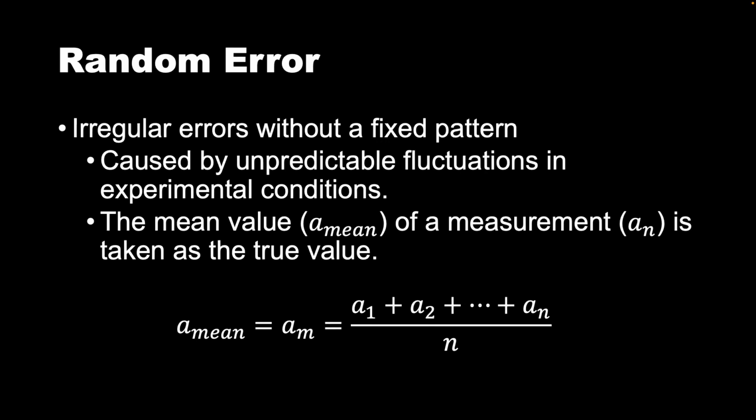They are caused by unpredictable fluctuations in the experimental conditions. Assume that the measurement is a_n, where n is the nth measurement of the same physical quantity. Then the mean value of that is taken as the true value. So it is the arithmetic mean.